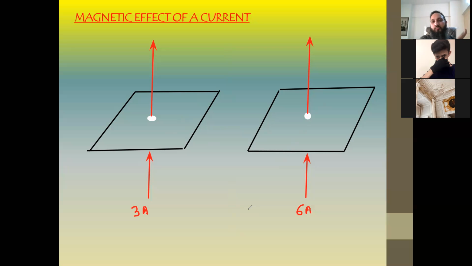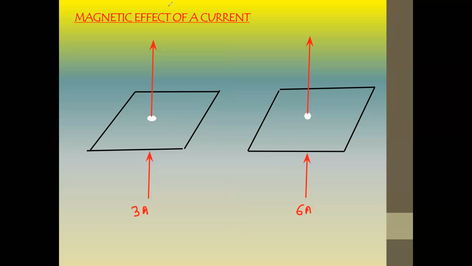For both the first one and the second one, the thumb will point up and the fingers will rotate around it. So when I represent the direction of the magnetic field, for both wires the similar pattern will be there.